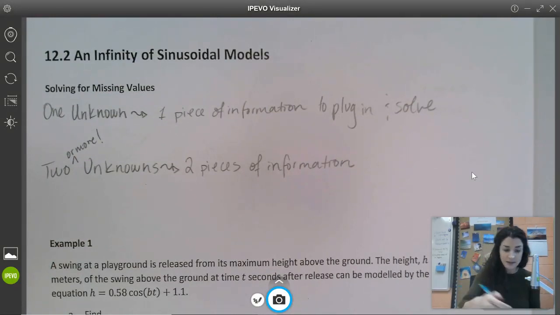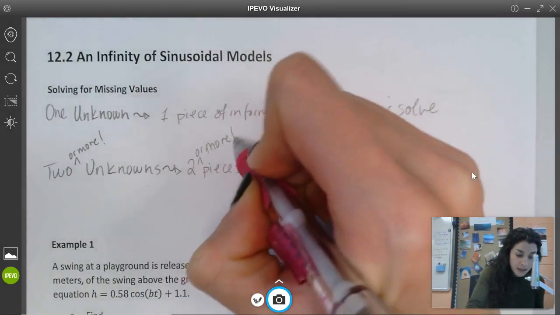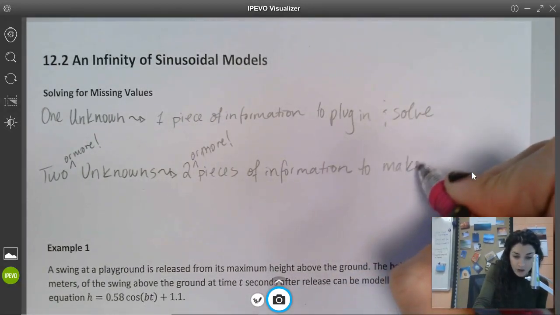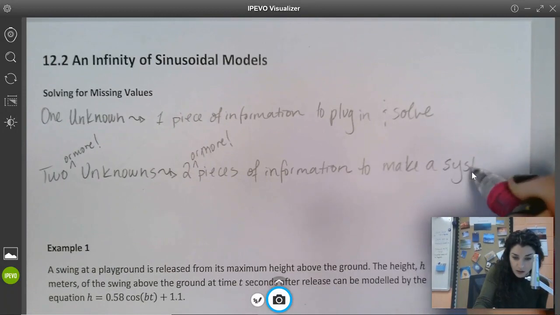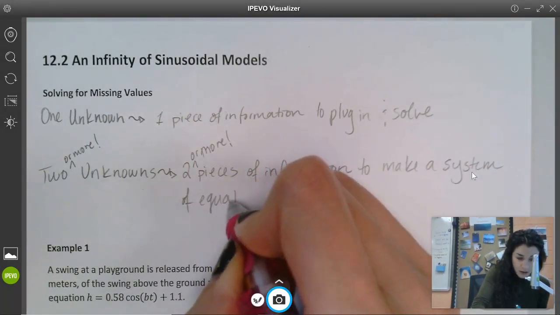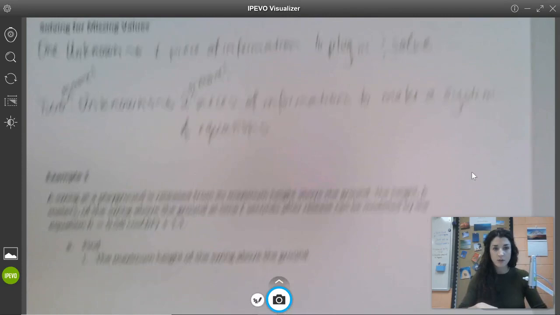So with one unknown, you just need to grab one point or one piece of information and solve for the unknown. Two or more unknowns means that you're making a system of equations. Just keep that in mind as we go forth and solve for missing pieces of these trigonometric equations.